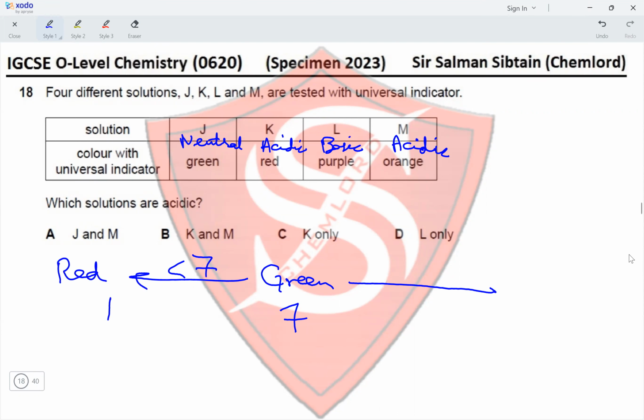And from green till purple, which includes blue, indigo, and all, the pH would be greater than 7, and the solution would be basic. So the question asks which solutions are acidic. So the acidic solutions are the ones with a color ranging from red to green, which is red and orange, K and M. This makes option B the correct option for this question.